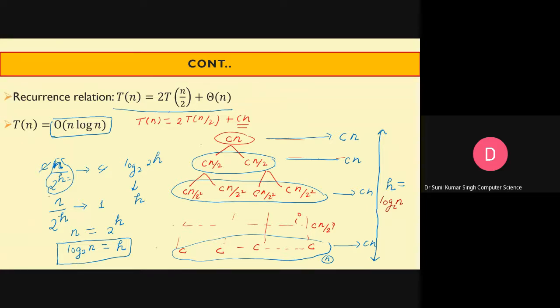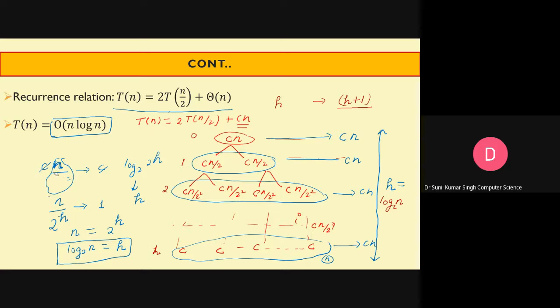Now if we look at the number of levels, then we can count it like 0th level, first level, second level, and this is hth level. So that means if height of the tree is h, then number of levels will be h plus 1.